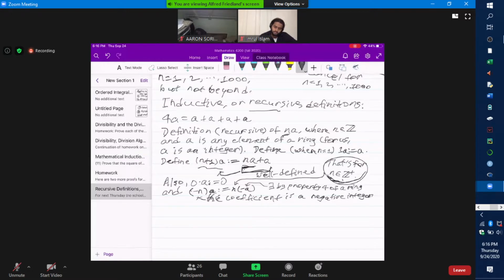Let's define here a recursive definition of integral exponents. And as I've said a number of times, integral, as I'm using it here, is an adjective for integer.